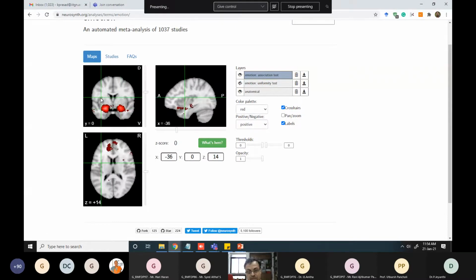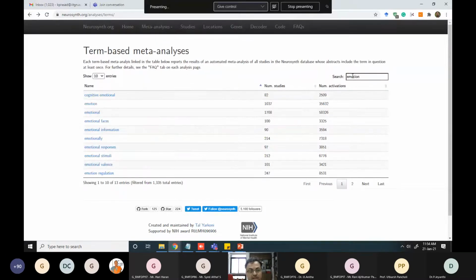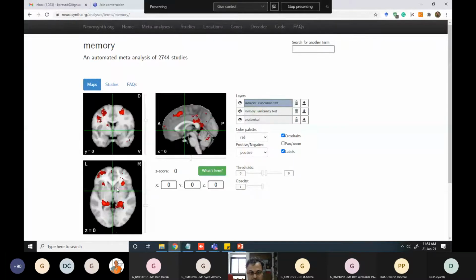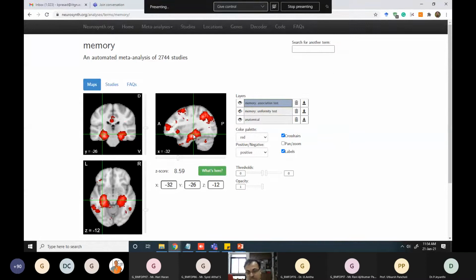It's known that emotion is activated by the amygdala. I can go and try something called memory. And the result is shown here. This region is the memory area, the hippocampus.